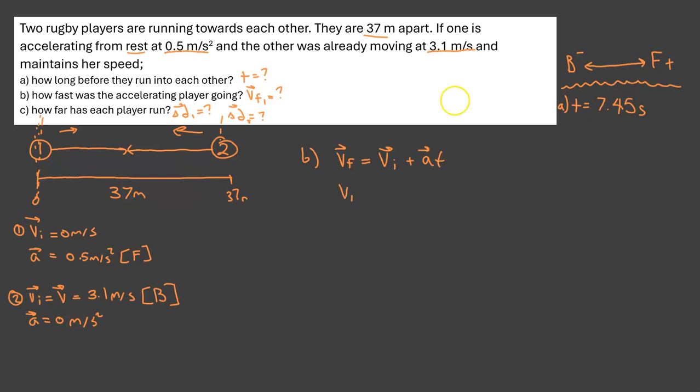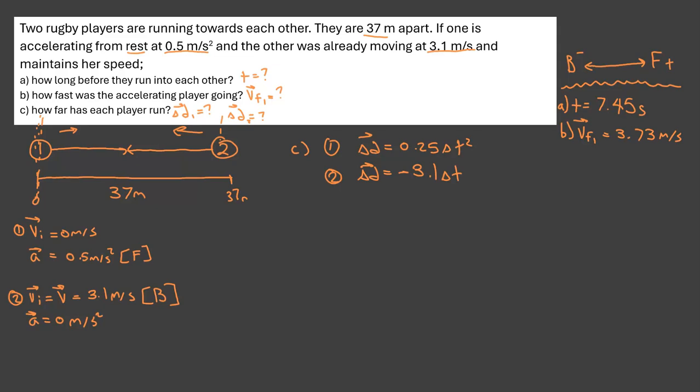So my final velocity equals my initial velocity for player 1, which was 0, plus our acceleration, which was 0.5, times my time, which I got as 7.45, and that'll give me a final velocity of approximately 3.73 meters per second. It's a positive value, so I can say that it's going to be in the forwards direction.